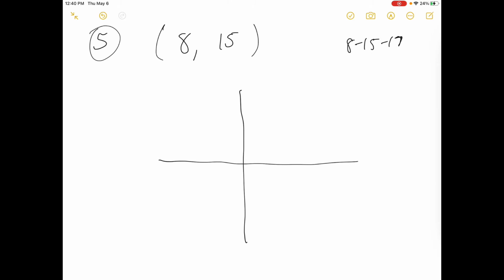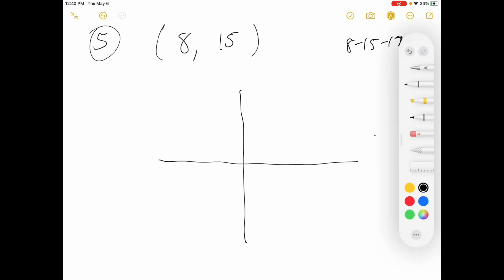So we go 8, 15. So my radius will be 17. All right, so what we've got to find is theta. So we know our radius is 17, but we've got to find the degree or the radian.